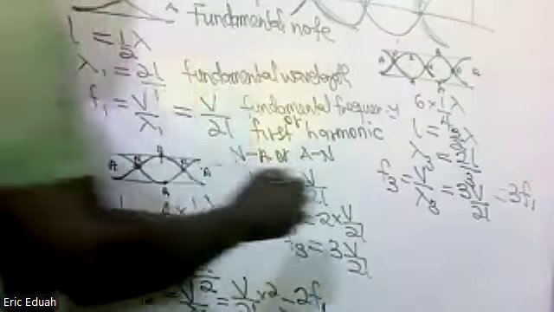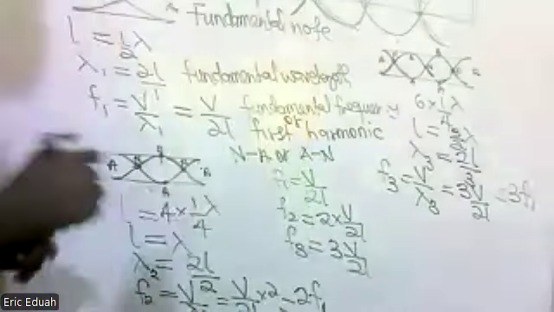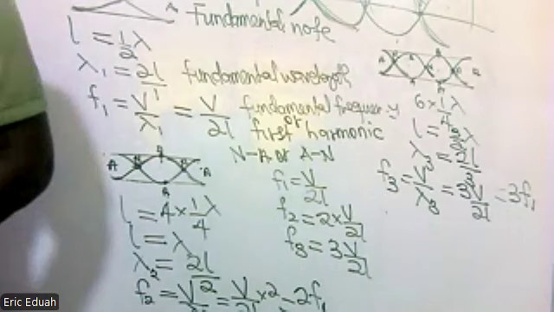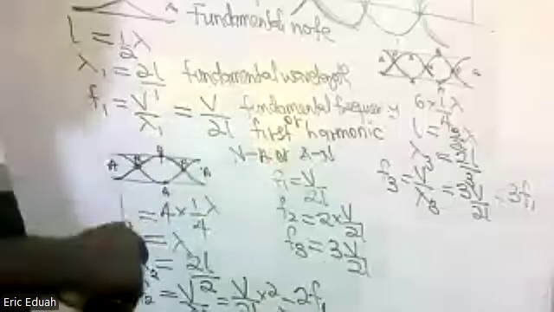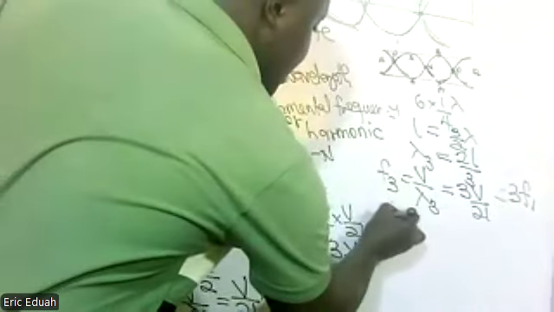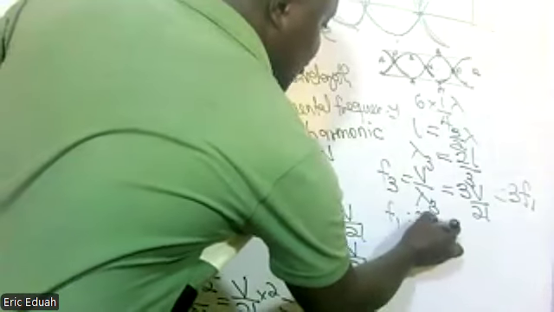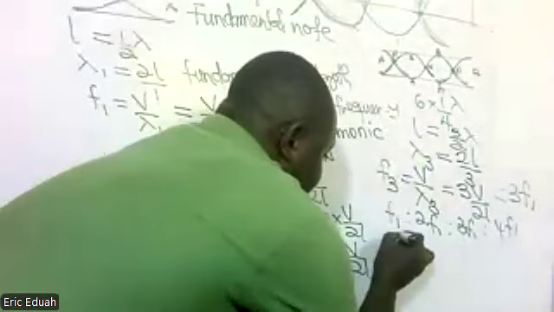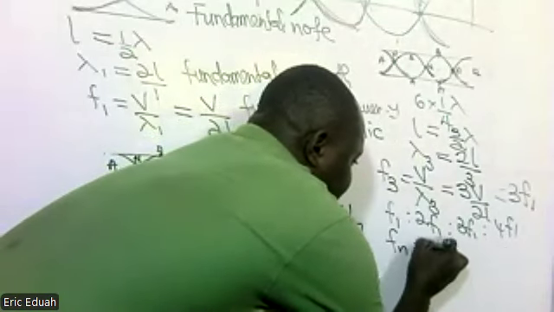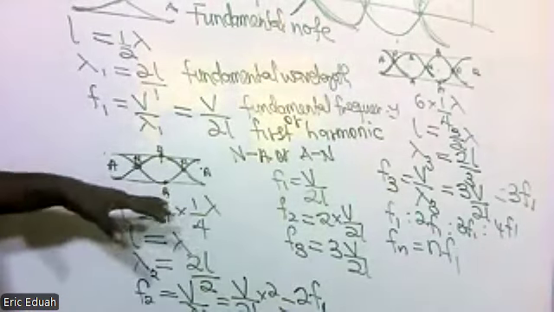So you could see that this is also a mixture of odd and even. F1, 2F1, 3F1, the next will be 4F1. Therefore, the nth harmonic, Fn, is also n times F1. This is a mixture of odd and even, similar to what we saw in string vibration.